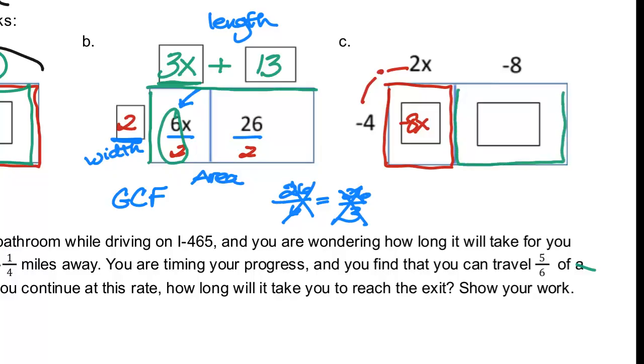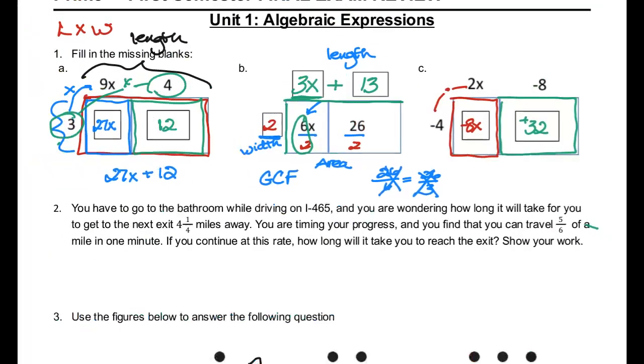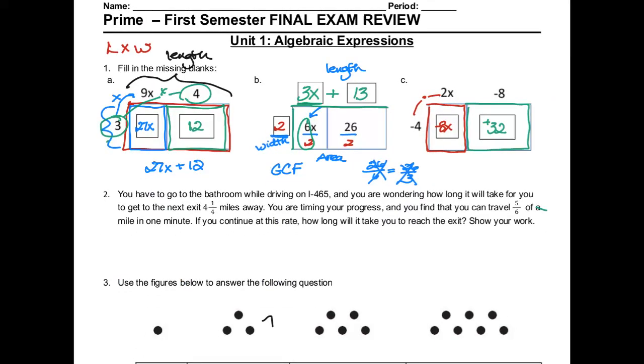Positive 32, because a negative times negative is a positive 32. Okay? What questions do you have about those still? Is there something that's uncertain for you? Okay. Next question.